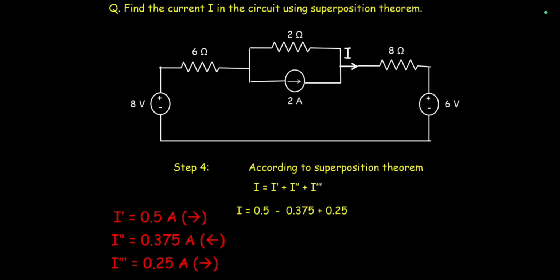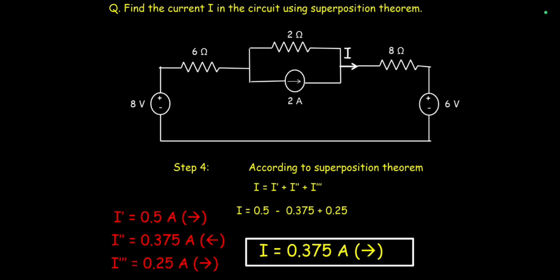So the total current I will be equal to 0.5 minus 0.375 plus 0.25. That's how the total current comes to be 0.375 ampere, and the direction is from left to right.